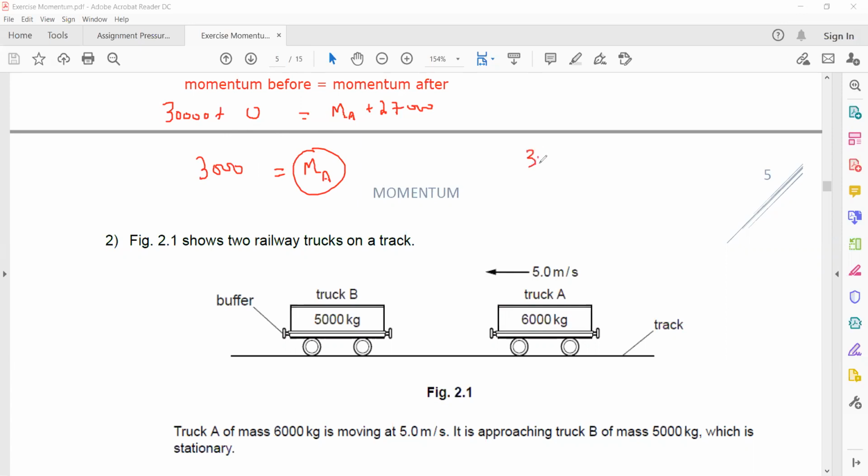So 3,000 is equal to the mass of the truck, which is 6,000, multiplied by its velocity. Velocity we don't know, so we say v. So 6,000 is multiplied, on the other side it will divide. So 3,000 divided by 6,000 gives 0.5 meter per second. Is it clear?